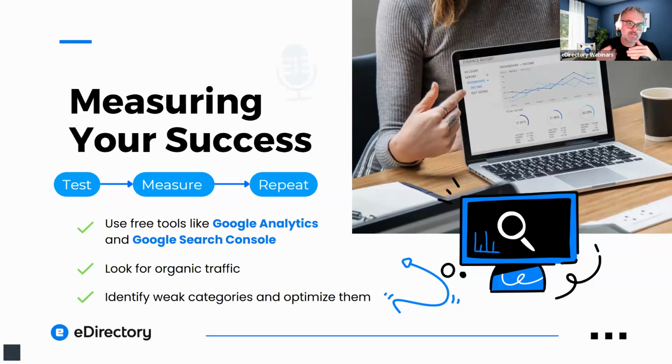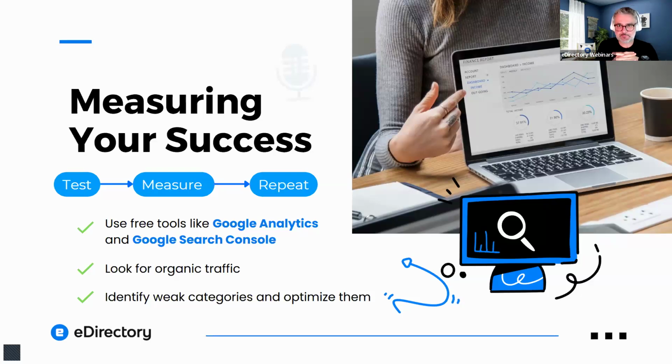Try to make that a feedback loop where you write a piece of content, then you wait a few days and go to your analytics to see if that page is actually ranking and driving traffic to your website. If it's not, you can go back and change the keyword, maybe change your approach, add more content, and then test it again.